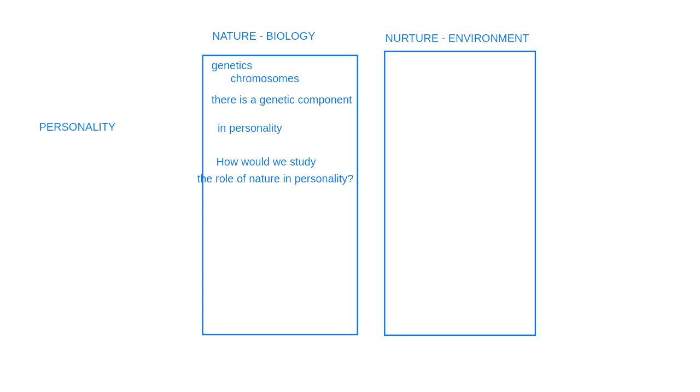Think about it. Identical twins share the same genetic material. Genetically speaking, they're the same. So if we wanted to study personality and the role of nature, we would study identical twins and how their personalities are similar or different. So that's just the key thing to keep in mind.